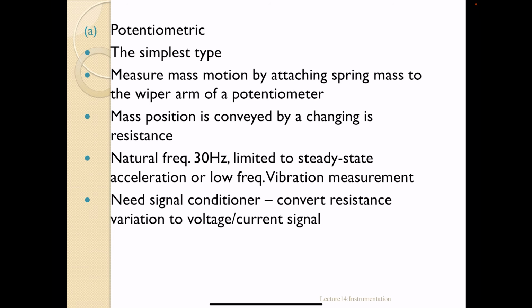Therefore, the movement of the seismic mass will be changed to a resistance value. This kind of accelerometer has a natural frequency around 30 Hz and is limited to steady-state acceleration or low-frequency vibration measurement. The system also needs a signal conditioner that is able to convert resistance variation to voltage.